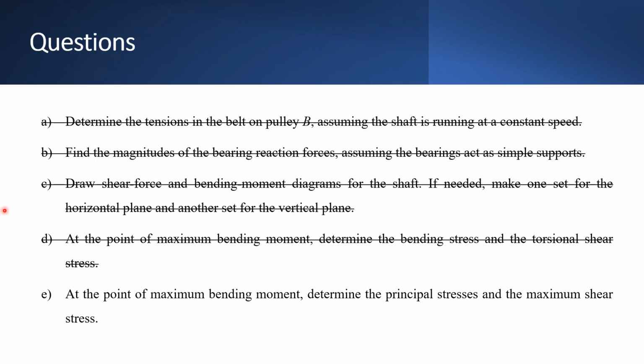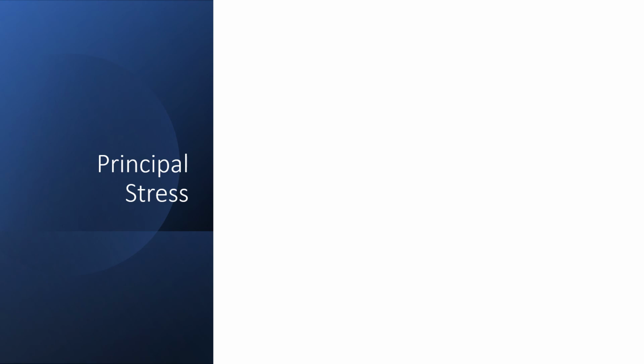Up until this point, we have finally done with parts A, B, C, and D. So let's solve for the last part, part E. For part E, we have to obtain the principal stresses, sigma 1 and sigma 2. Principal stresses, sigma 1 and sigma 2, can be obtained with this equation.